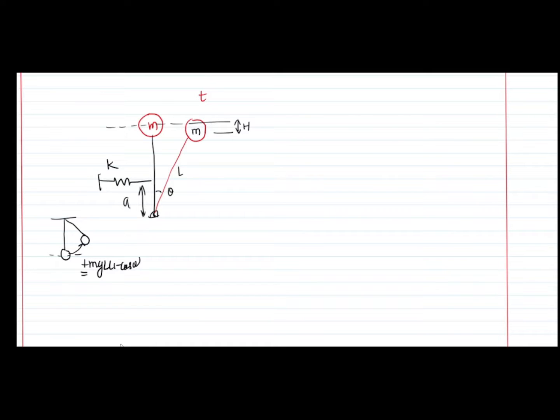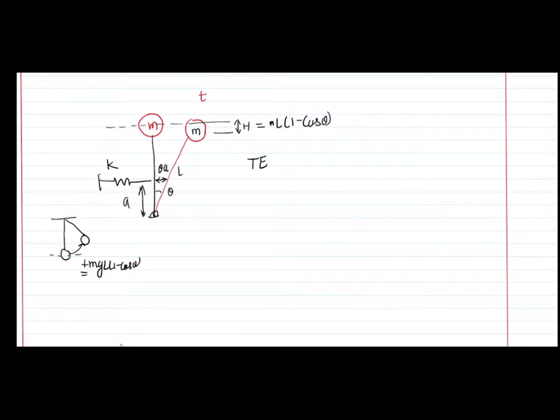So again I am going to write the expression for the total energy. This is the change in the length of the spring and I can write it as theta times a. Similarly, the position h can be written as m g l (1 minus cos theta).